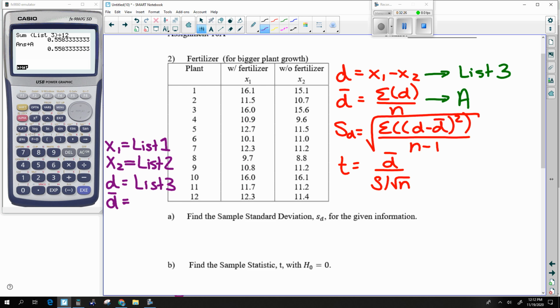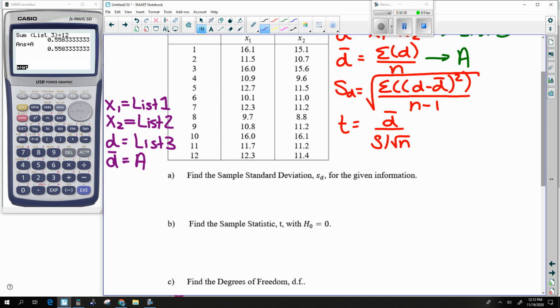I store it as the letter A for average. It helps my brain out. Because if you store it as the letter D, what's D? Is D D or is D bar D? And so I don't want to play that game. All right, here we go.